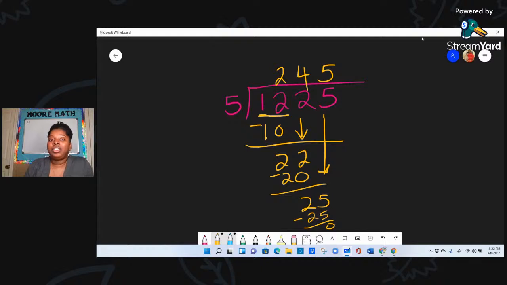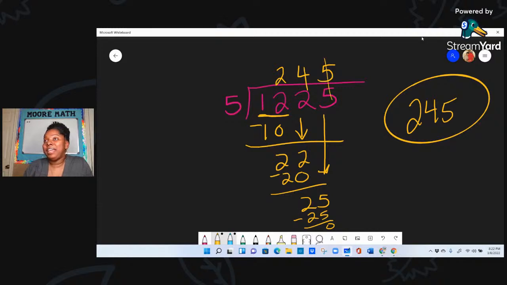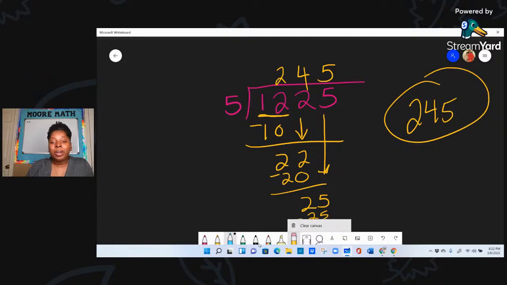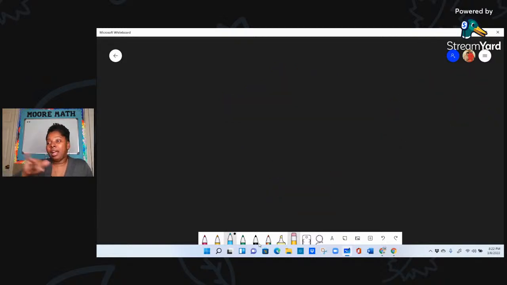All right, so we get 245. Okay, and if you want the breakdown of that, we did it a lot right before. All right, we got a request for proportions, so we're going to do a couple of problems with proportions.